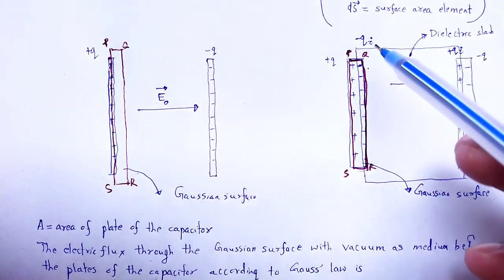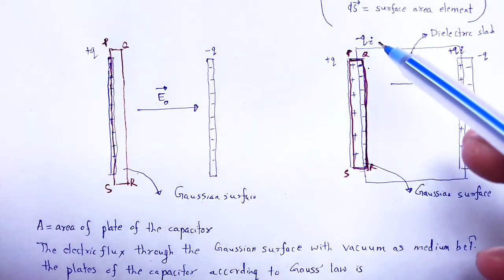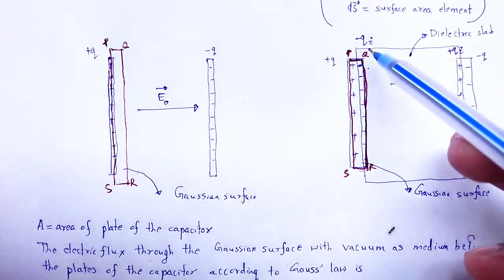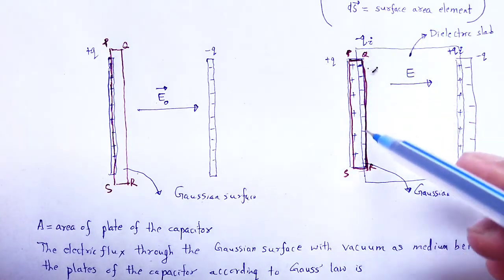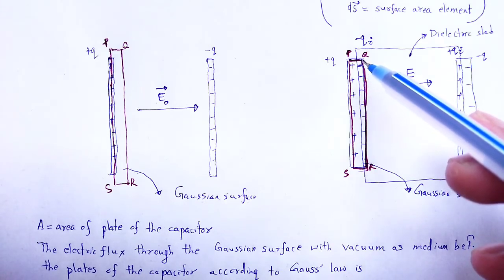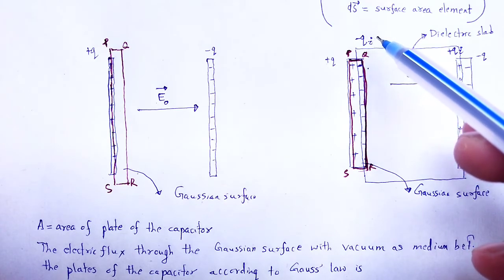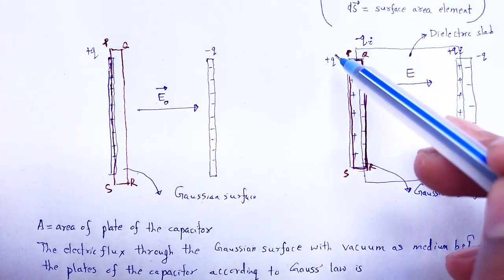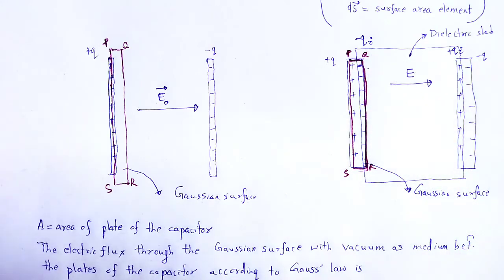If Qi is the induced surface charge, that end plus Qi, that end minus Qi. So within the Gaussian surface, the net charge will be how much? The net charge will be plus Q minus Qi.